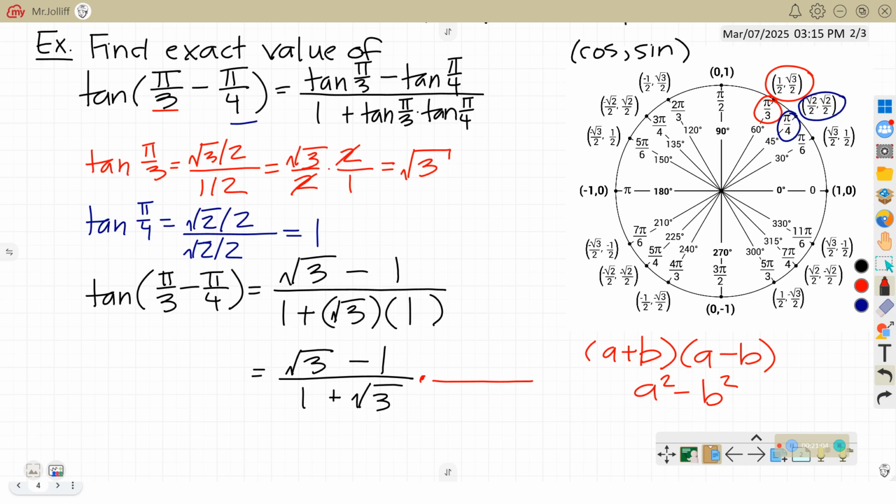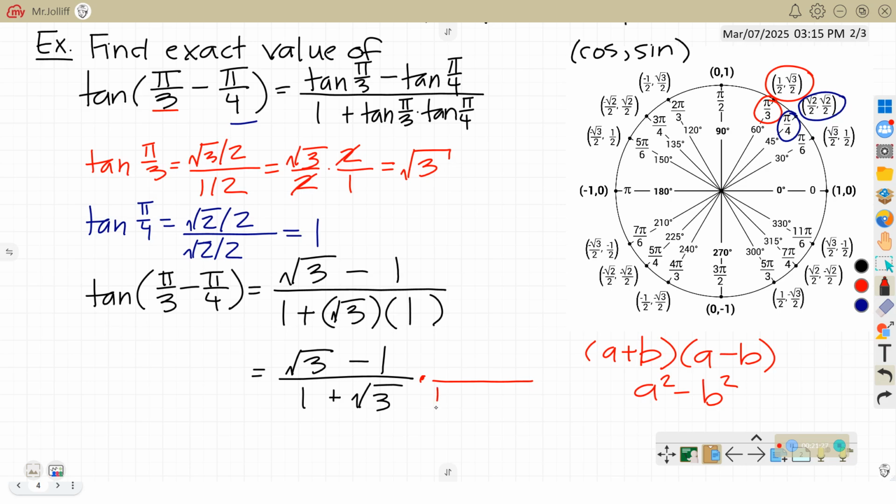We're doing the reverse. This is my answer, so I'm going to force this pattern to show up in my problem. If there's a plus here, I'm going to multiply by his minus buddy. If there's a minus here, I'm going to multiply by his plus buddy. Same two terms, change the operation in the middle. Yeah?